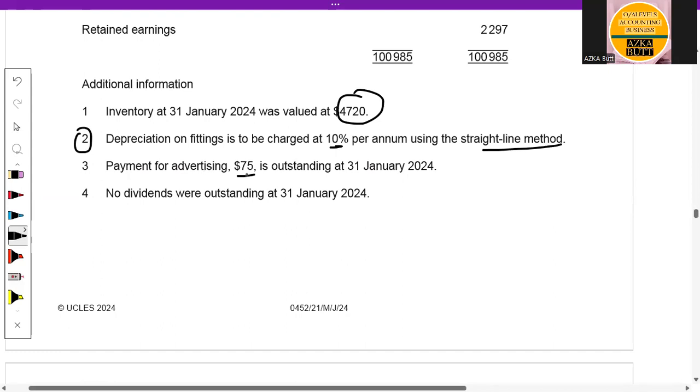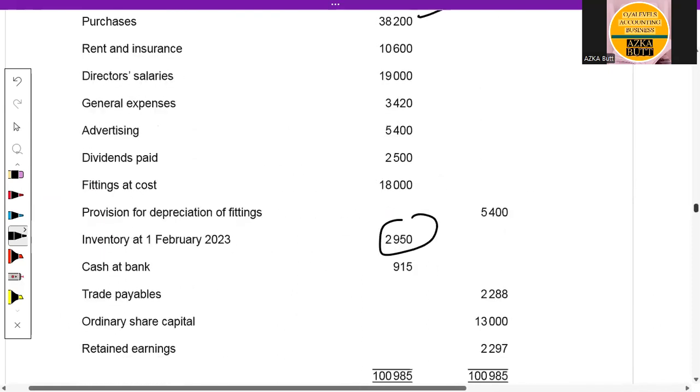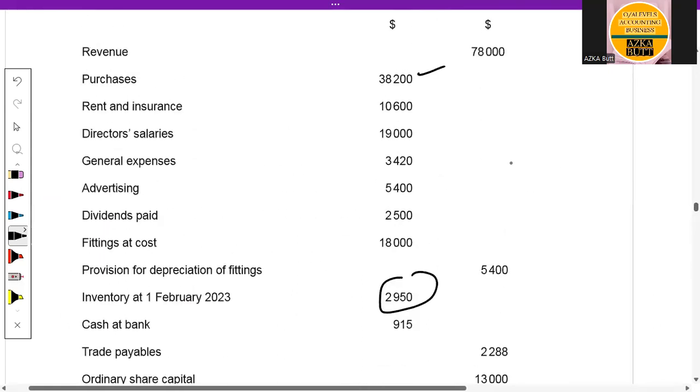Payment for advertising, which is $75, is outstanding at 31st January 2024. No dividends were outstanding at 31st January 2024. Okay, so it means that we don't need to write something in rent and insurance. So just copy the rent and insurance, which is 10,600, director salaries and general expenses.